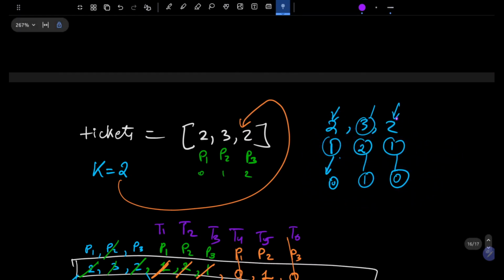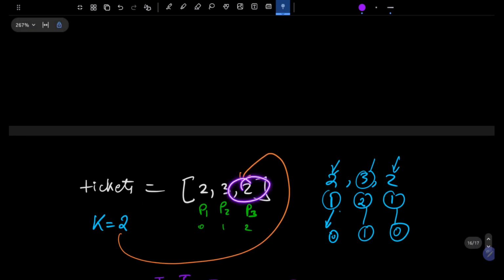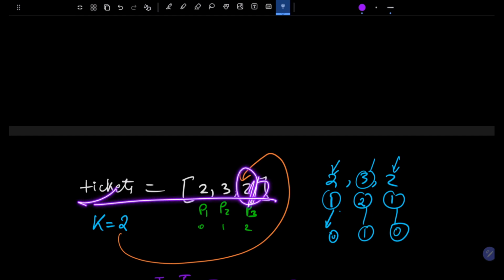So I just need to say, okay, a person coming before this person can buy exactly this many. Any person coming before my kth position person can buy at most k tickets. If this person is buying two tickets, any person coming before this position can buy at max how many?